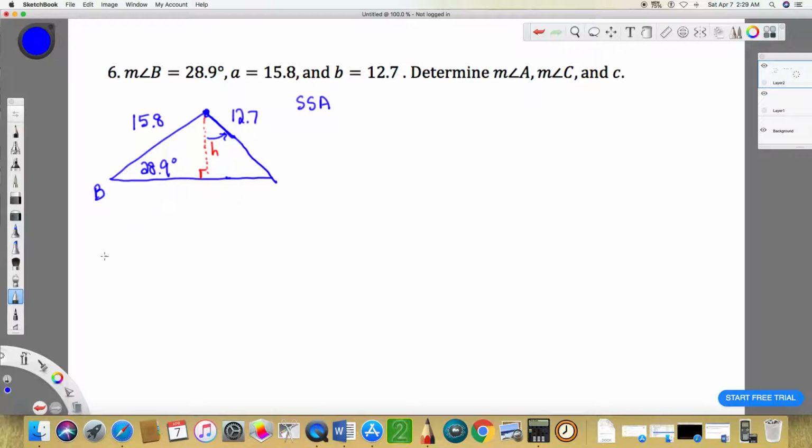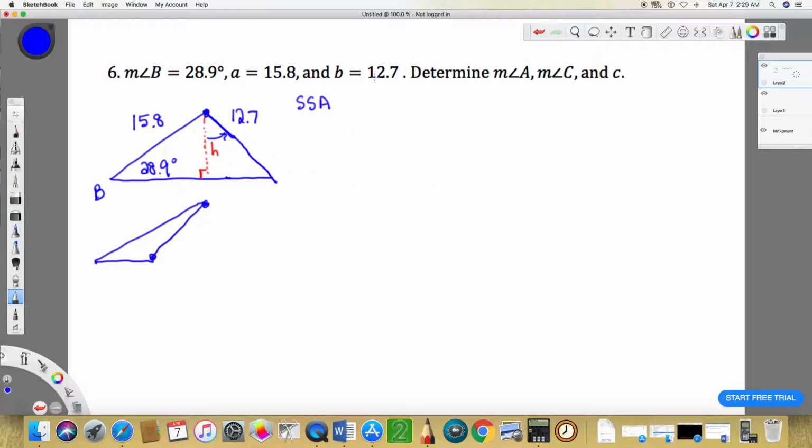If it swings in the other direction, if it swings in this way, it's going to be a second triangle. So we need to find the measurements of these triangles.